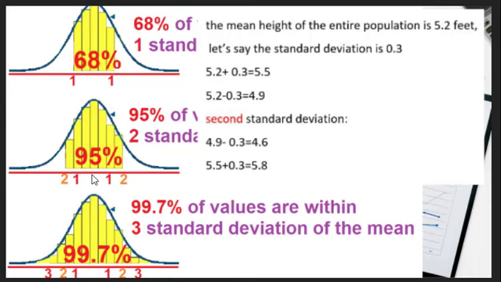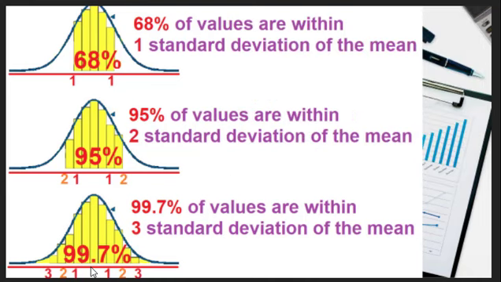And if we go 3 standard deviations to the right and 3 standard deviations to the left, it covers almost 99.7% of the population. This is one of the features of a normal distribution.